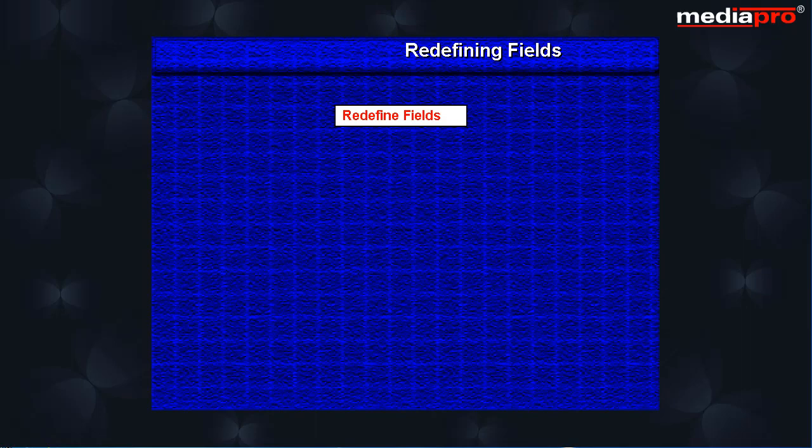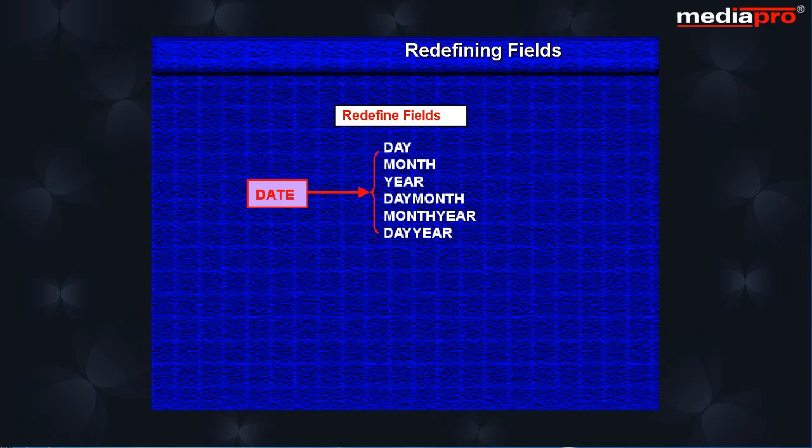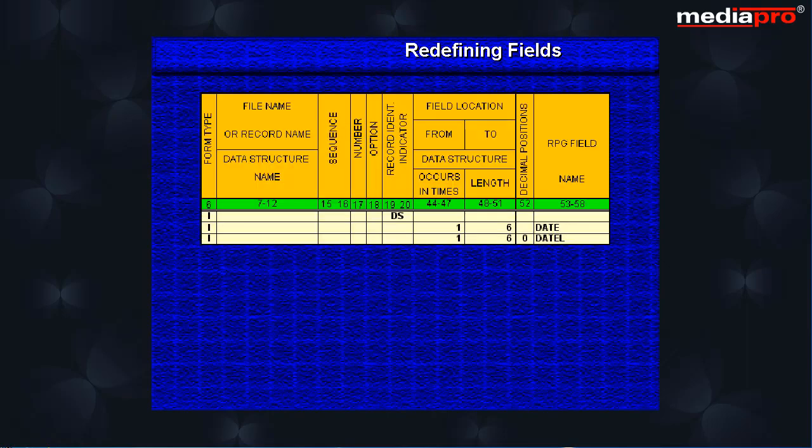One of the most common situations where this feature is used is in manipulating a date field. An application will often require the date in different formats, or maybe only a portion of it, such as the month, day, or year. For example, here we define a data structure that has a field DATE which is of length 6 characters.